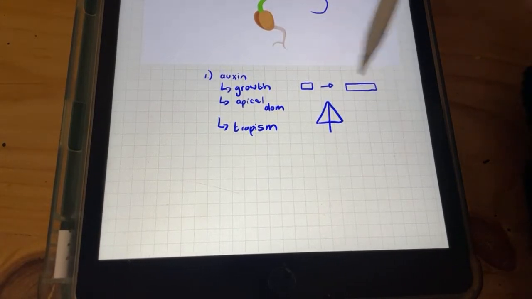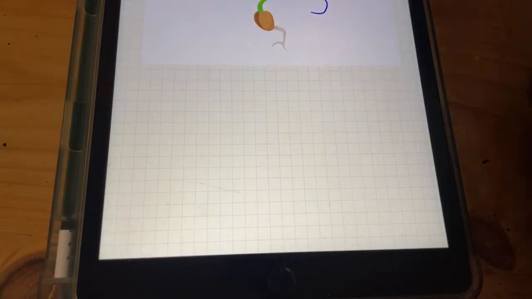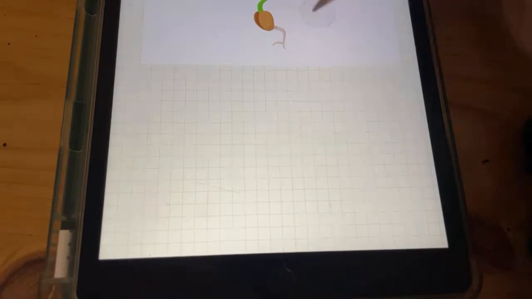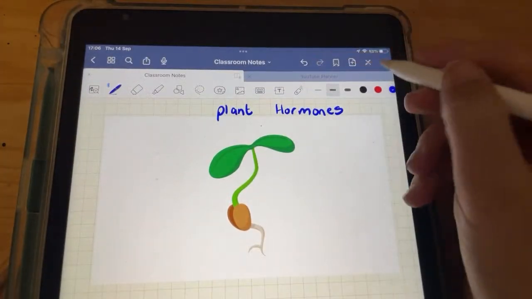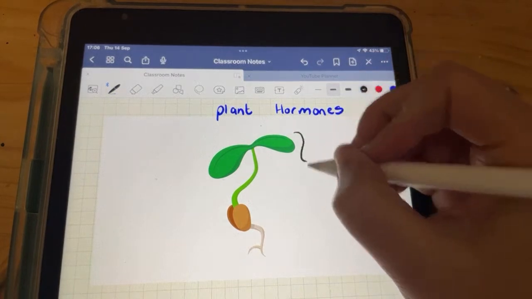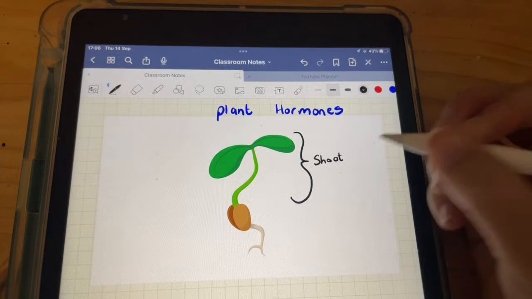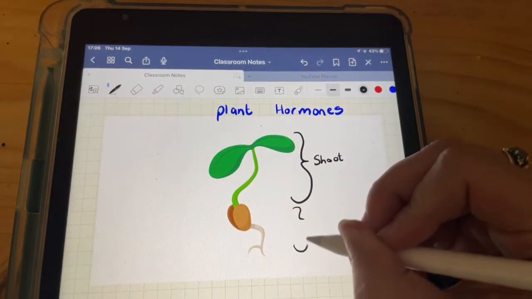Again, we need to keep some of these in mind as we go through this section. I also want you to know that the roots and shoots respond differently to auxins. The shoot at the top here is not as sensitive as the roots are.